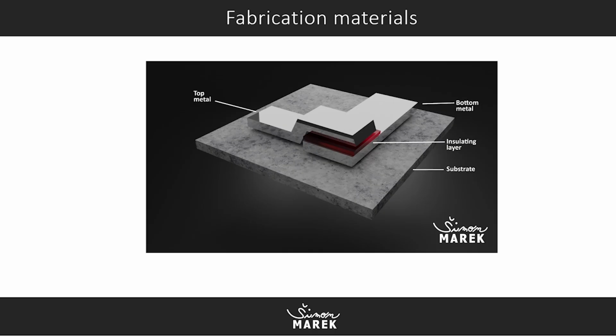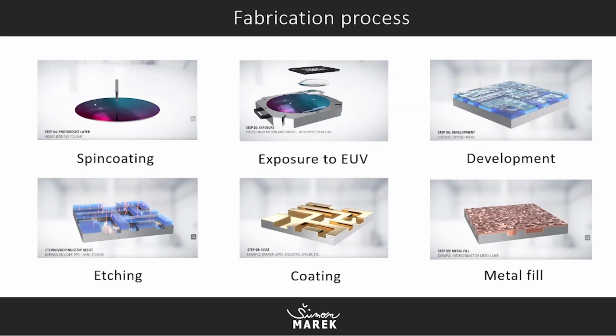So the fabrication materials are quite similar to quantum chip design. There is some substrate, some metal, and some insulating layer for the Josephson junction, and this is basically it. That's right. This is the fabrication process.